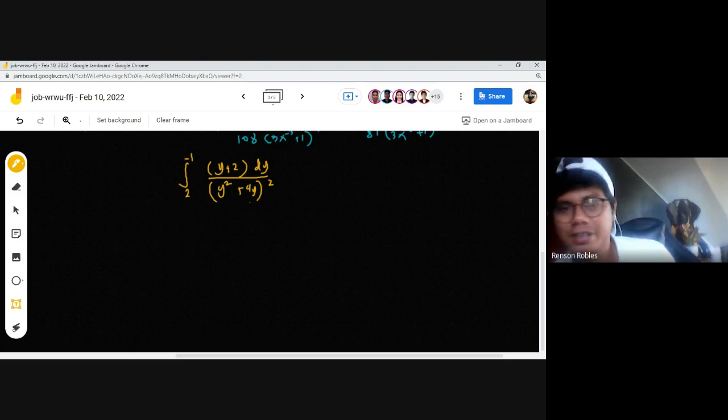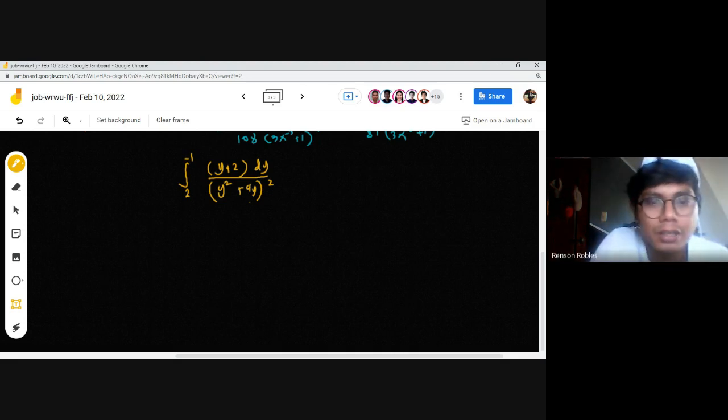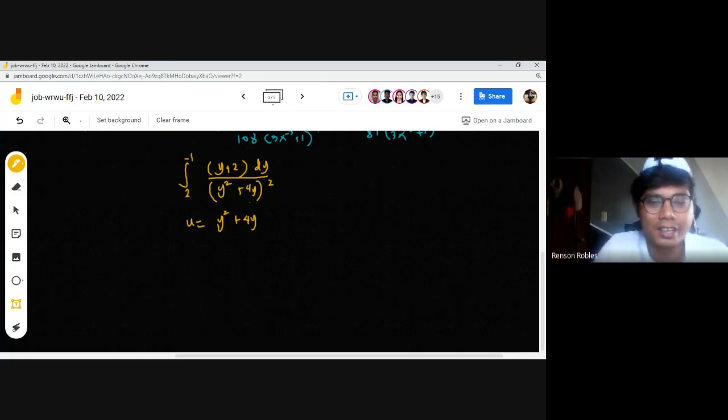We have calculator naman. Okay? So we let u be equal to y squared plus 4. What is your guess? What will happen if the lower limit is larger than the upper limit?